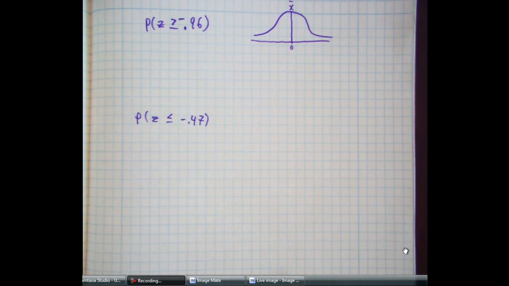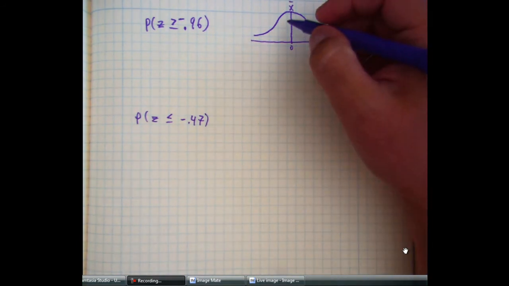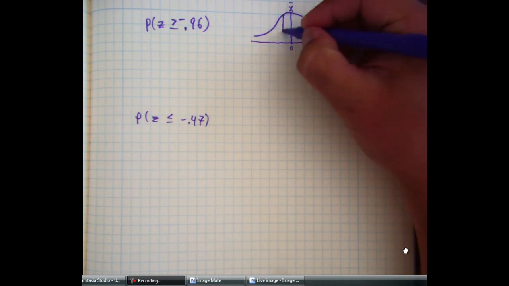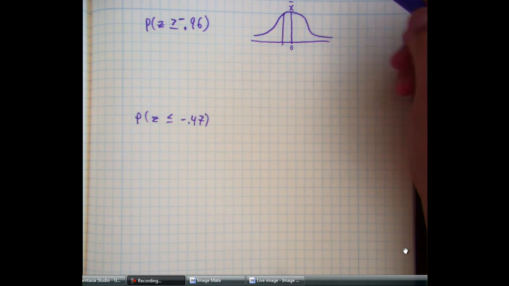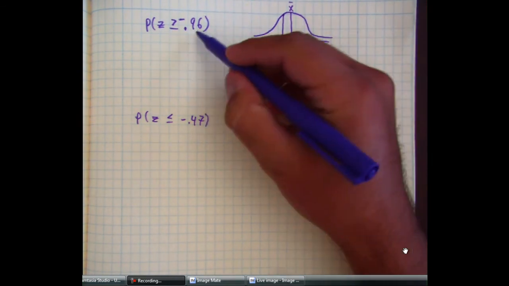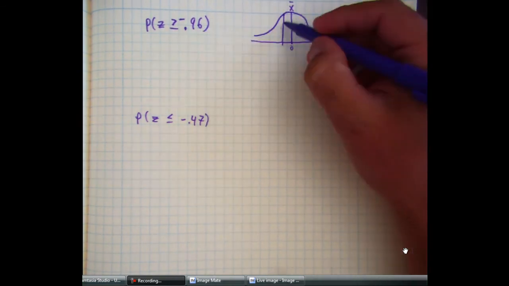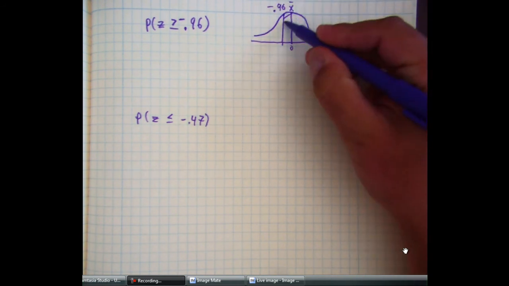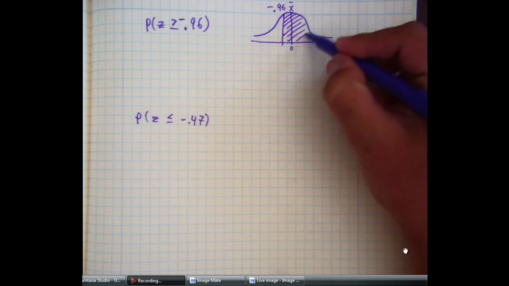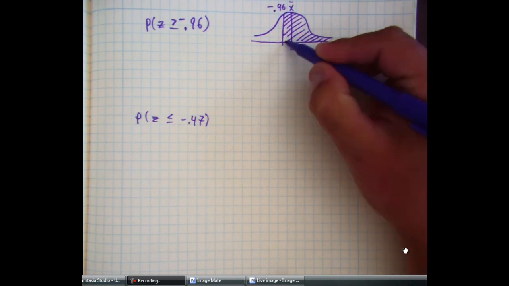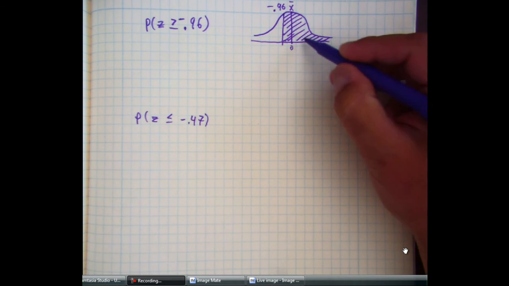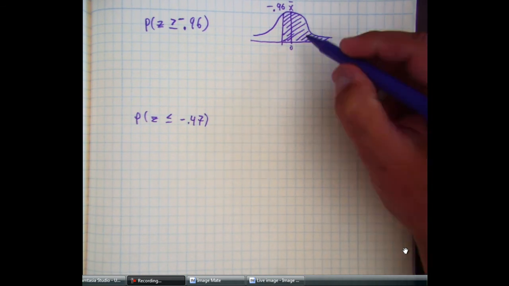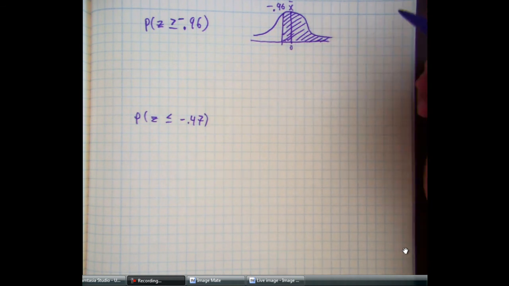And then let's find out where negative 0.96 is. Negatives are going to be to the left of 0. And then the area that's shaded is greater than. Anything that's greater than negative 0.96 is going to be to the right of it. You can see that we shaded more than 50% of the curve, so the area is going to be more than 0.5.